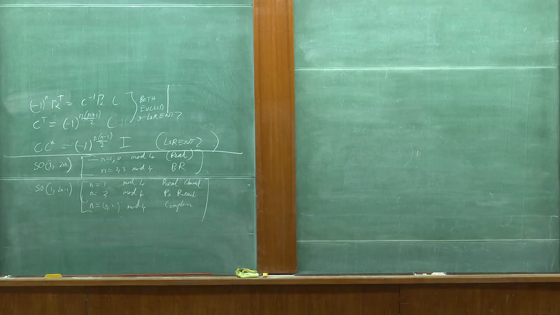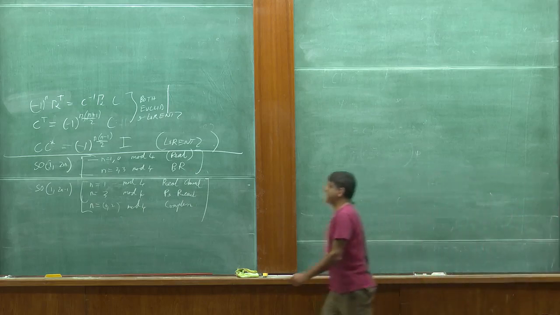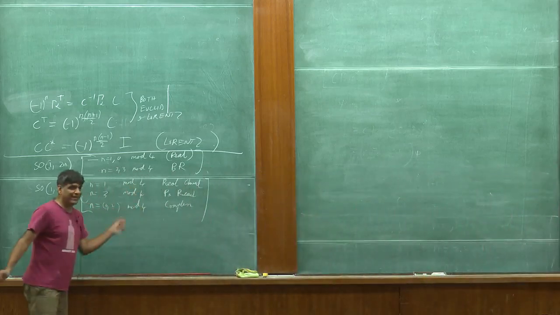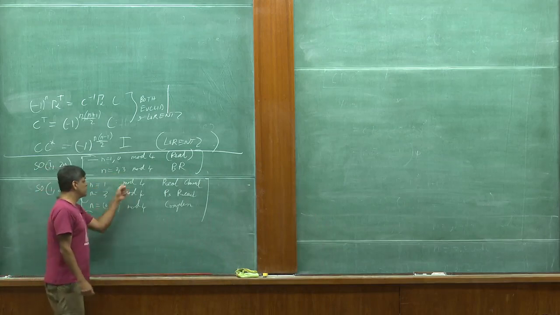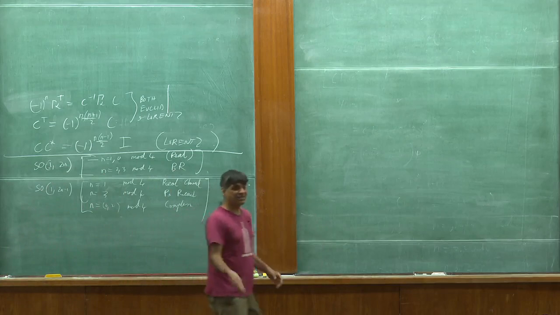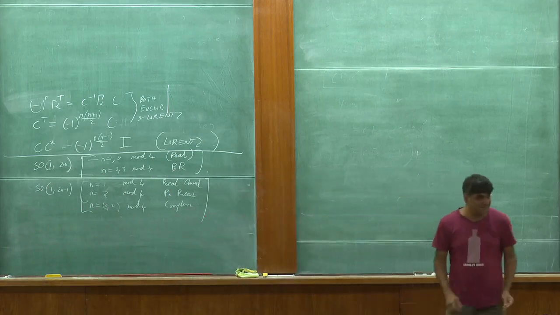Our first quantum mechanical example involved real spinors. In 5 and 7 dimensions, we have only pseudo-real spinors. And in 2 dimensions or 10 dimensions, we have real chiral spinors.